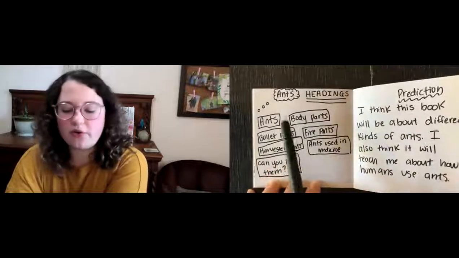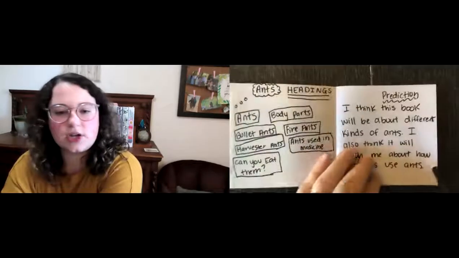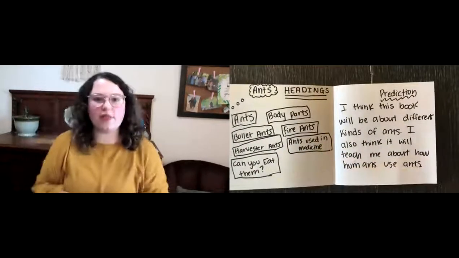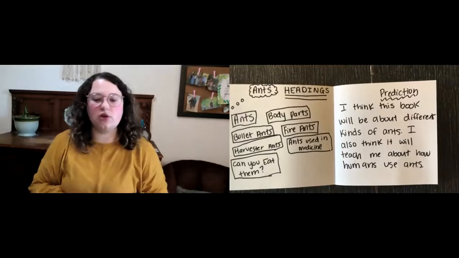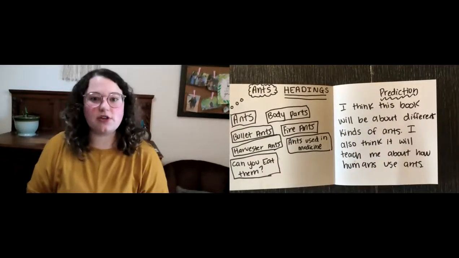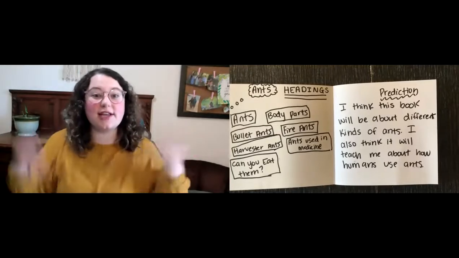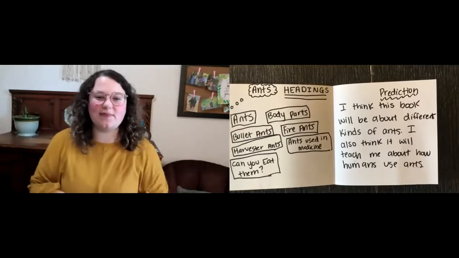And then I want you to go through and find the headings just like we did here and write them on the page. And then on the other page, make your prediction about what your book will be about. So you're going to make a page that looks super similar to this in your reader's notebook about one of your Oregon Flora and Fauna books, and you will turn that in on Seesaw.